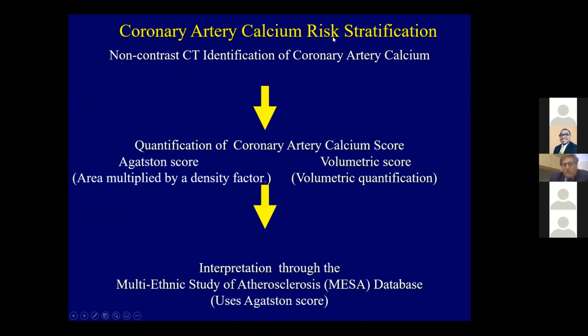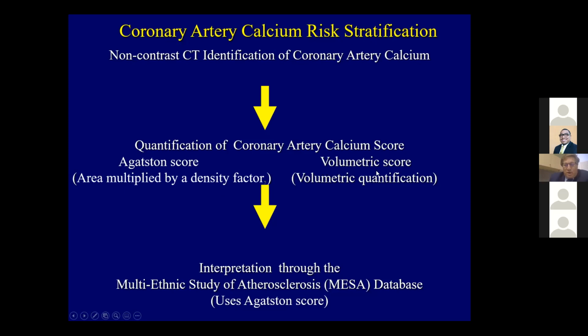So how do we stratify risk using coronary artery calcium? Again, it's a non-contrast CT scan to identify coronary artery calcium. We quantify it, and there are 2 ways to do it. The older method is the Agatston score. On the slices, the area is multiplied by a density factor.